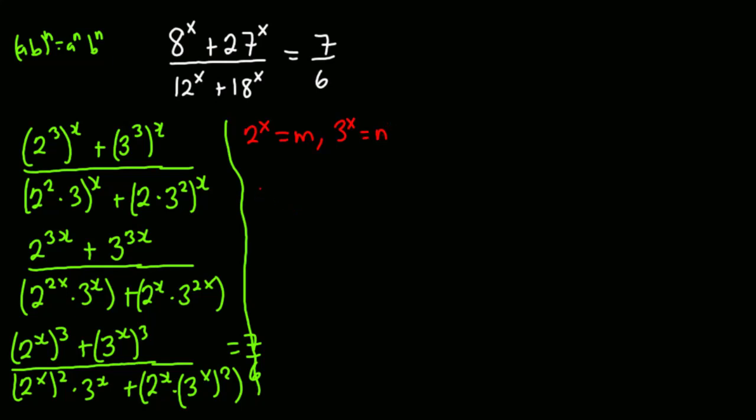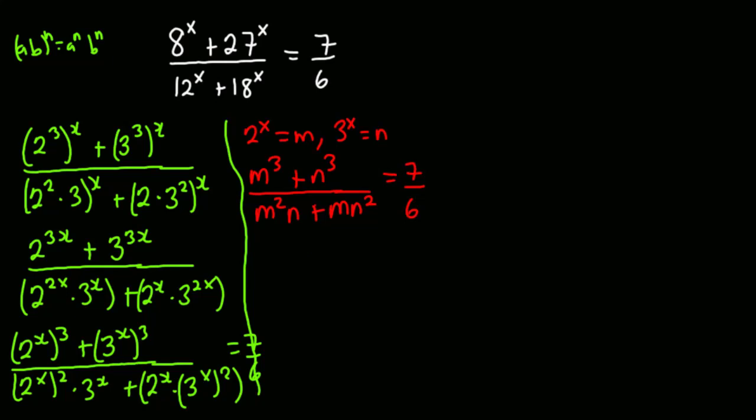So this is going to give me m cubed plus n cubed, all divided by, remember we have (2^x) squared, so that gives me m squared, and we have 3^x multiplying, which is n, so m squared n, plus we have 2^x, which is m, and we have (3^x) squared, which is n squared, and this whole thing is equal to 7/6.